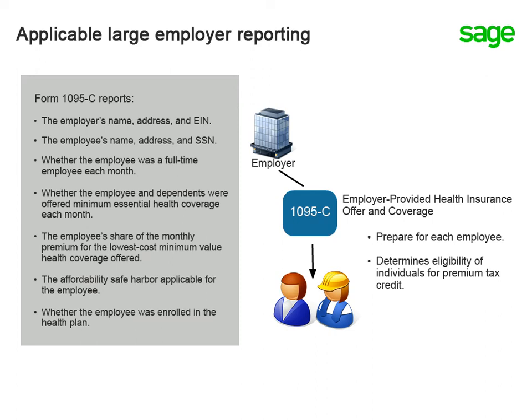The following information is reported on Form 1095C: the employer's name, address, and employer identification number, the employee's name, address, and social security number, whether the employee was a full-time employee each month, whether the employee and family members were offered health coverage each month that met the minimum value standard, the employee's share of the monthly premium for the lowest cost minimum value health coverage offered, the affordability safe harbor applicable for the employee, and whether the employee was enrolled in the health plan.